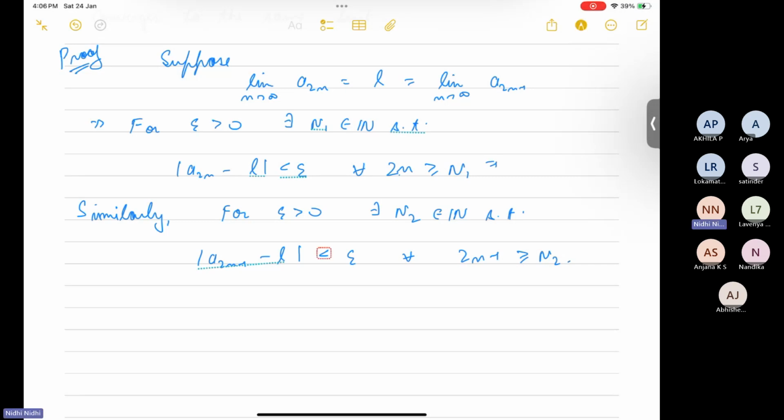Now this says that n is greater than or equal to n1 by 2, and this says that n is greater than or equal to (n2 plus 1) by 2.